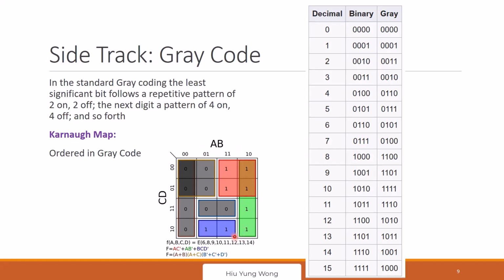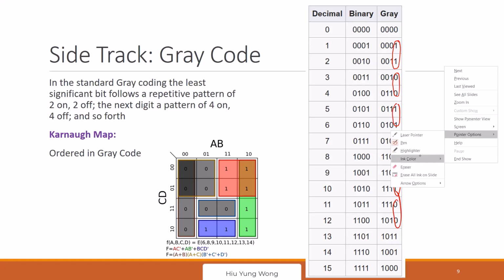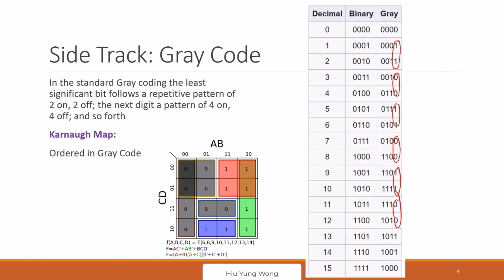So what you're saying is, you repeat 2 on, 2 off, 2 on, 2 off, 2 on, 2 off for the first bit. Do you see that? After you do that, you will have this property. Then how about the second bit? 4 on, 4 off, 4 on, and then 4 off.